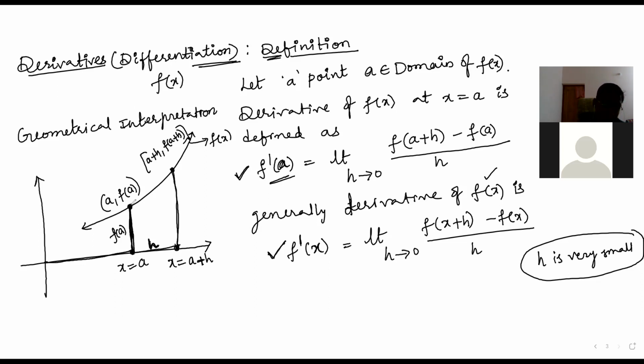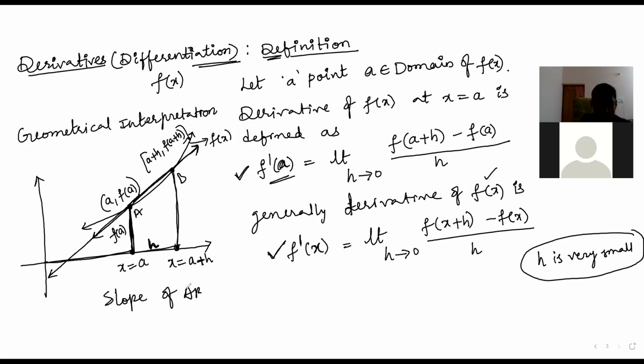So now I am drawing the curve. Let's say this is point A, this is point B. I am drawing the curve like this. Here you see the slope of AB.